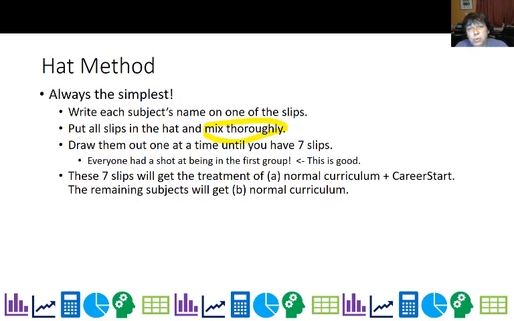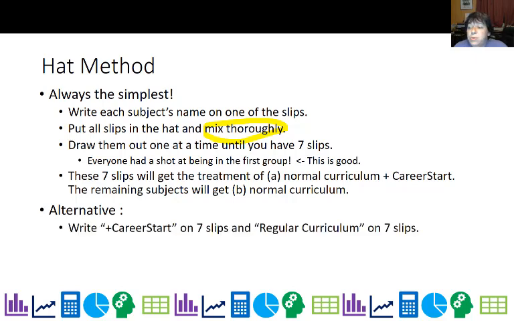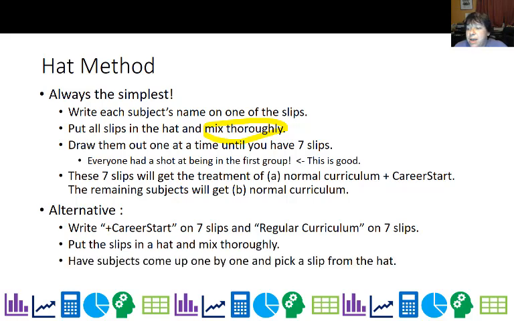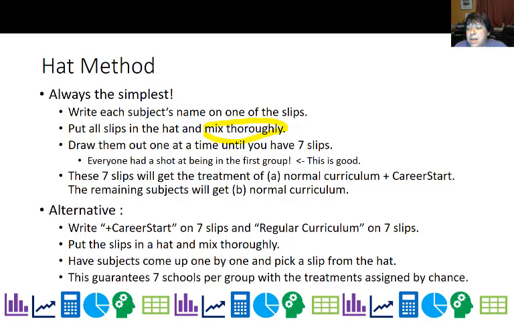So those 7 slips will get the treatment of the normal curriculum and Career Start, and the remaining will just get the normal curriculum. An alternative, which works fine as well, is write Career Start on 7 slips and regular curriculum on 7 slips. Put them in a hat, mix it thoroughly, have the subjects come up one by one, and pick up a slip from the hat. This guarantees that 7 schools per group with the treatments are assigned by chance.